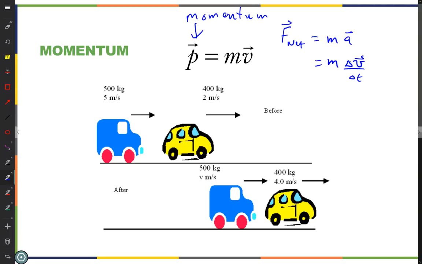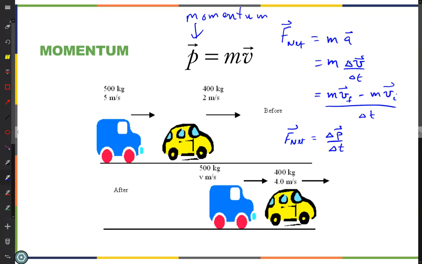Well, if we look at this definition of momentum, if the mass is constant, this is going to be mass times velocity final, minus mass times velocity initial, all over change in time. But since momentum is mass times velocity, then we end up with the net force is equal to the change in momentum over change in time.